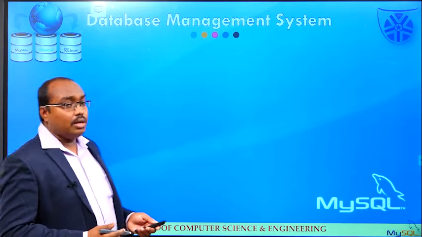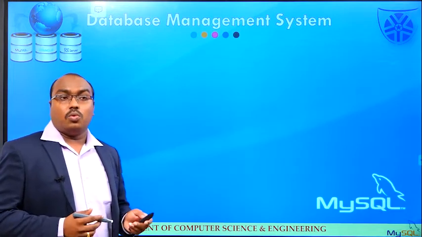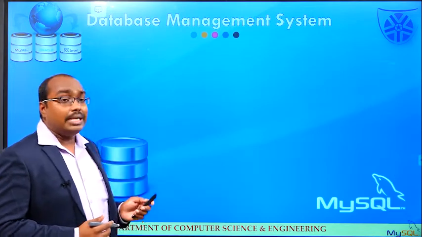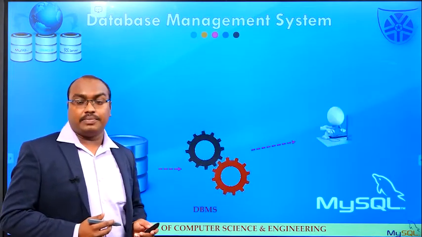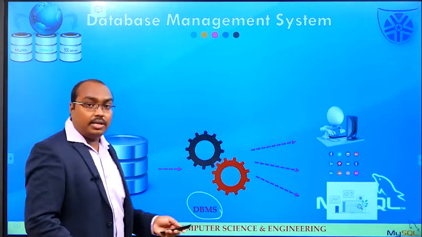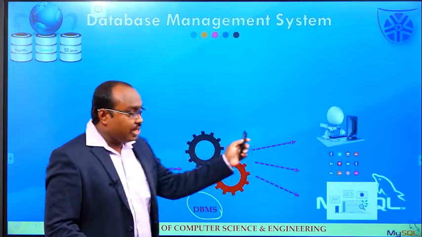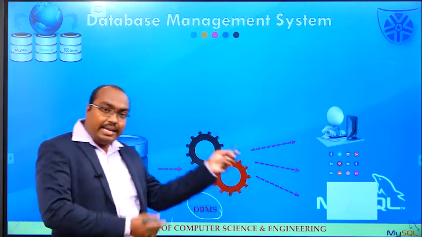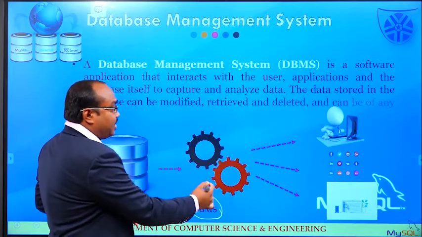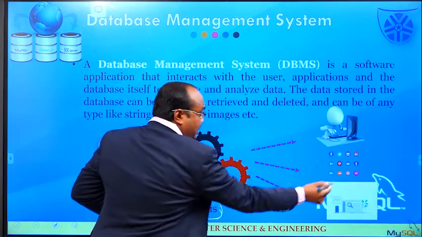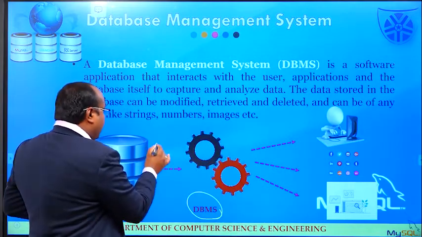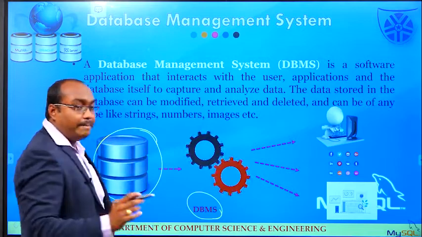Okay, and next one, DBMS. So what is DBMS? The abbreviation of DBMS is Database Management System. The Database Management System, DBMS, is software which interacts with the users, applications, and the database itself. So this database has to maintain meaningful data.